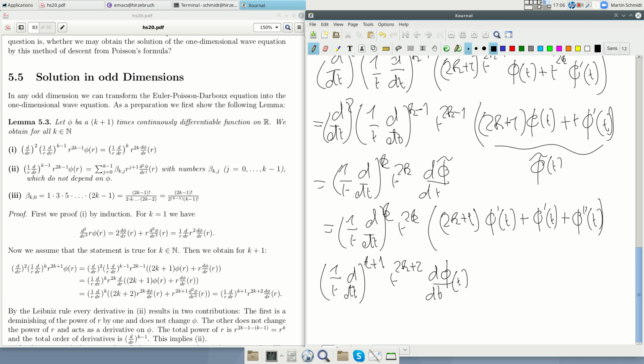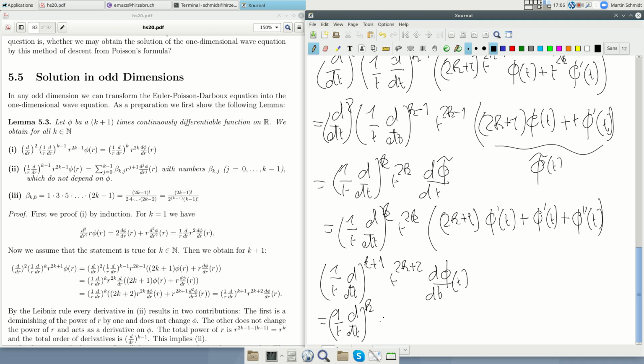Here we have one extra power, so this extra power we should calculate. This is of course 1 over r d by dr to the power of k, as we have it here, and then we get an extra derivative.